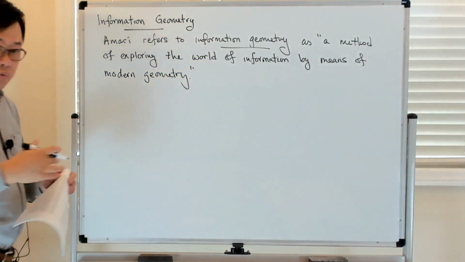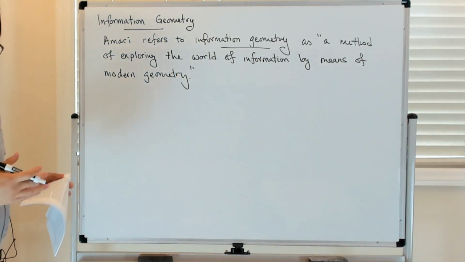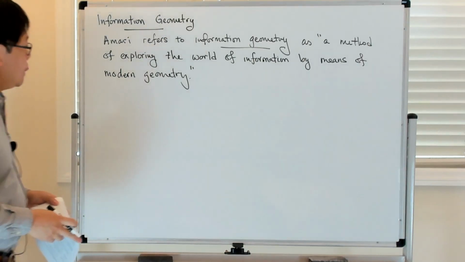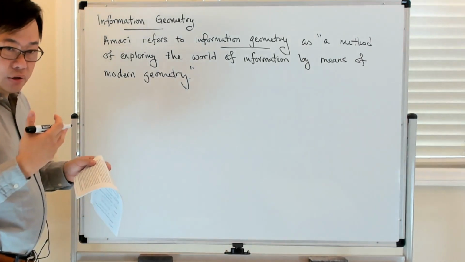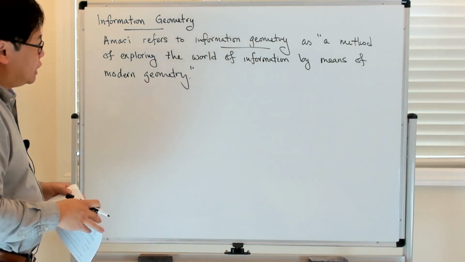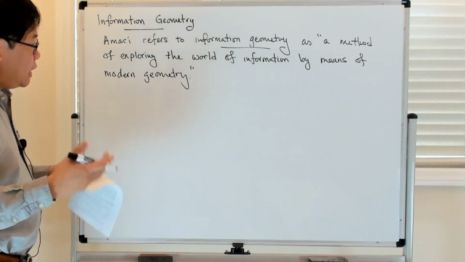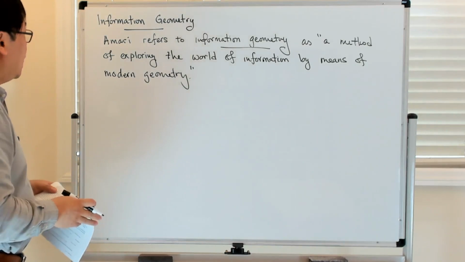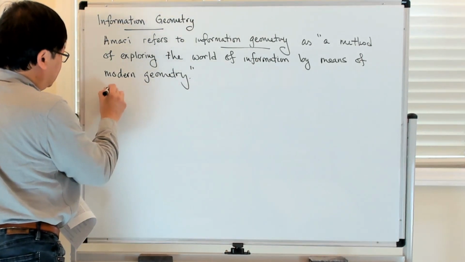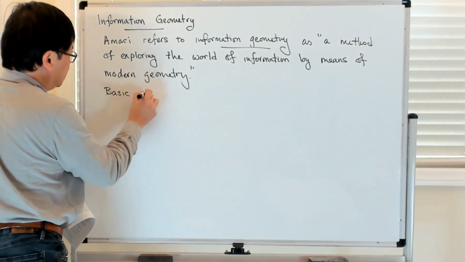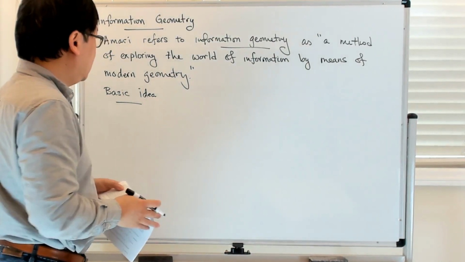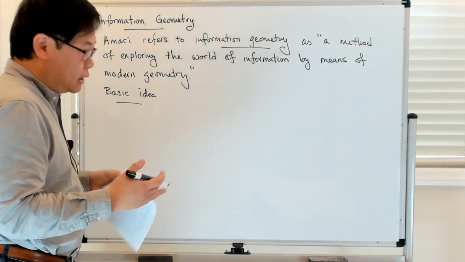And so one might ask, well, what does this really mean? And what role does geometry play in something like this? I'm going to try to briefly motivate why such an approach is relevant, both in statistical inference and in machine learning. So the basic idea is that there's this notion of a space of models.